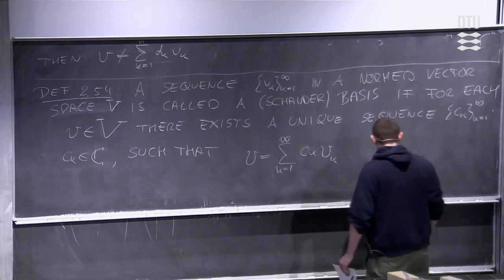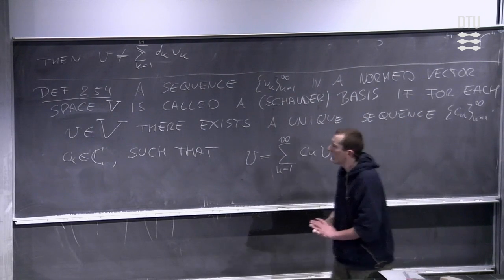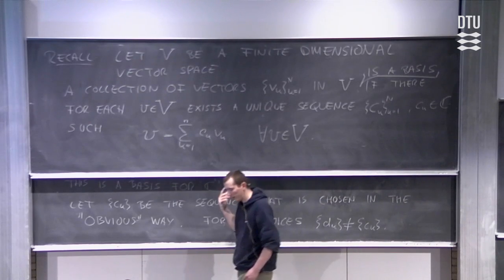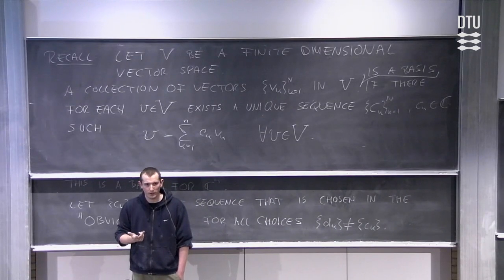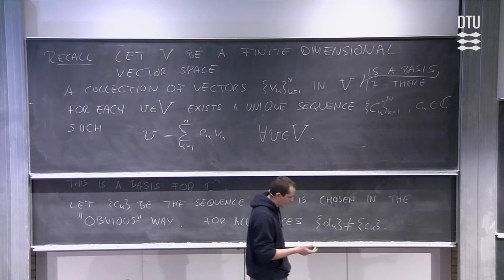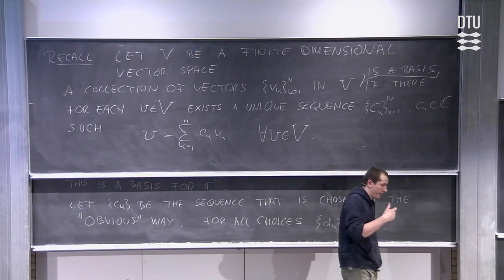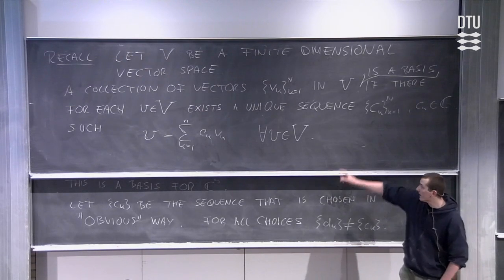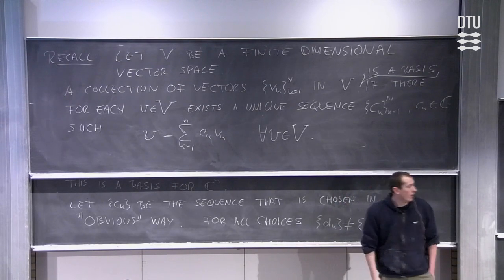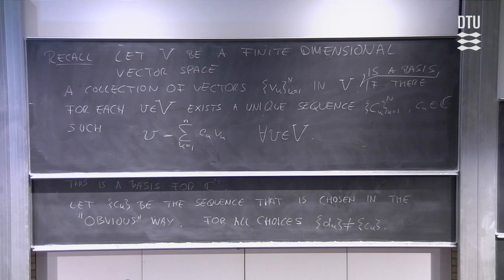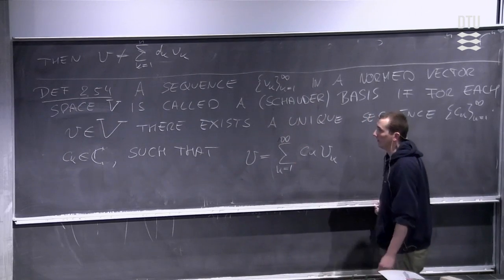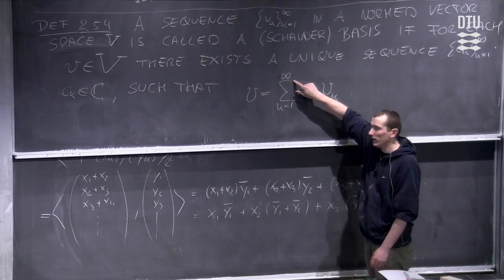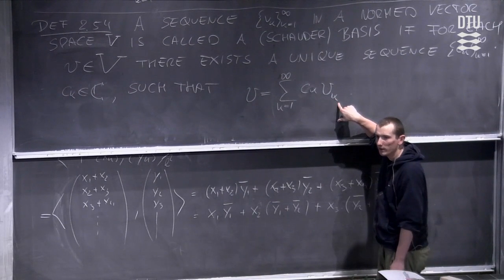And here comes the dilemma. Because finite sums is no problem in a vector space because vector spaces are closed under addition, right? So if we take an element in a vector space, multiply it with something, and then add another vector to it, we will still be in the space. If you do that n times, there's no problem at all. Over here, we will do that an infinite amount of times. So we can't just write infinity here, because to take an infinite sum, what does that mean?